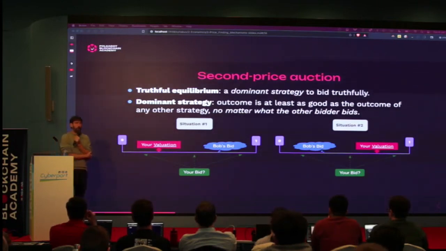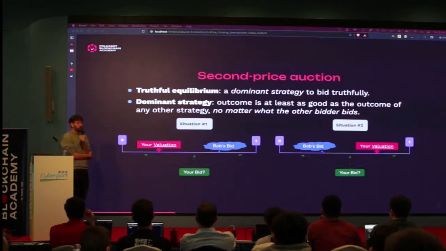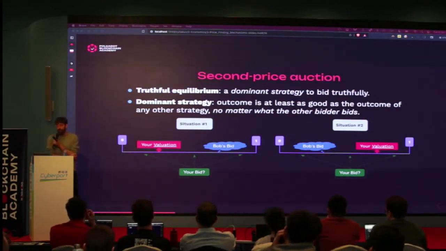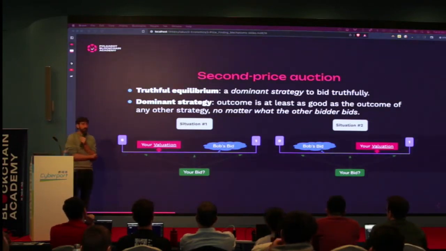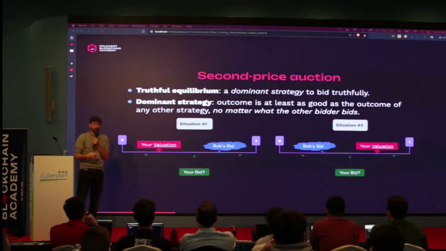You should never bid more than your valuation. Because your profit can only be 0 if you lose, because then you don't get the good. Or if you win, then it might be negative because you actually get the good at a higher price than your valuation, which actually makes you sad. Like you paid more for it than you liked the good.